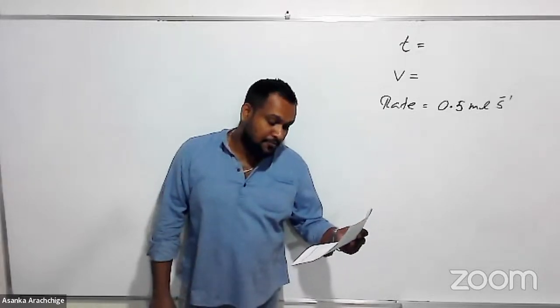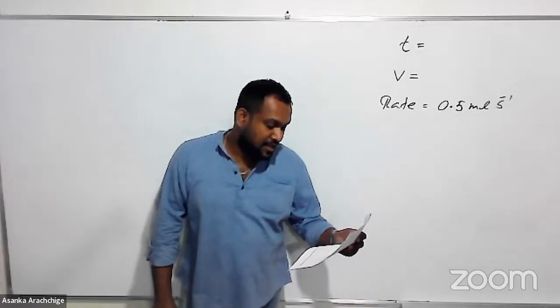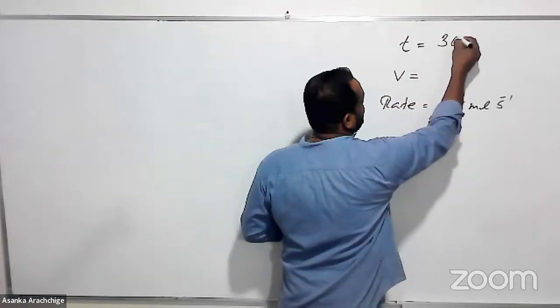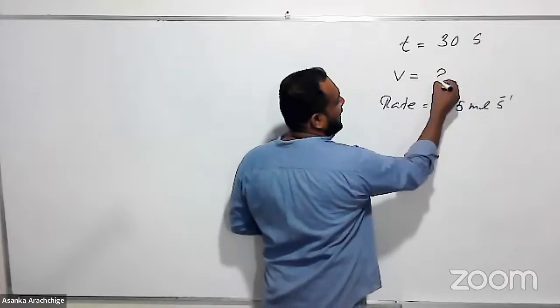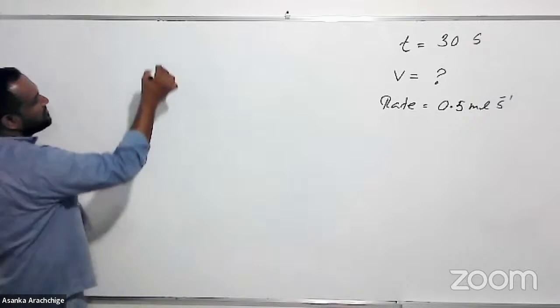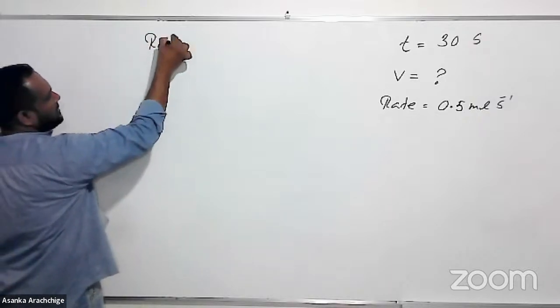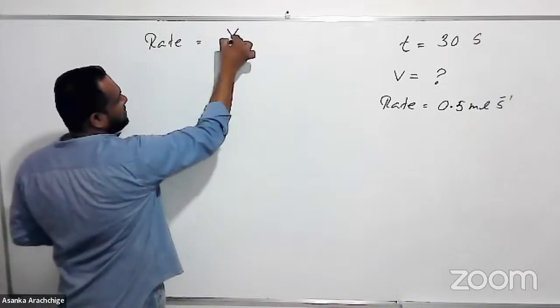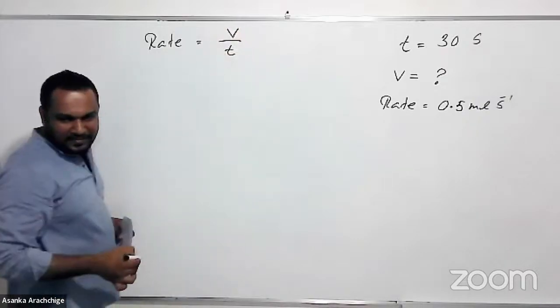Find the volume of water that leaks in 30 seconds. Time is given to be 30 seconds. You have to find the volume. Therefore, again I am writing the formula. Rate equals volume divided by time.